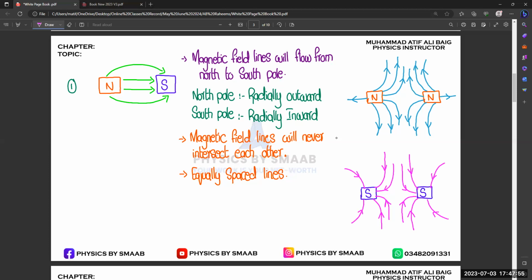So these are the patterns for north and north pole, and south and south pole, right?